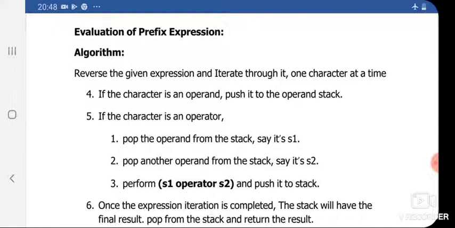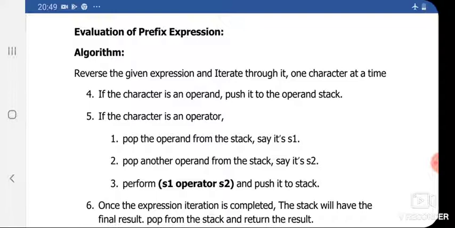That is, we first accept the given prefix expression, then we reverse it, and after reversing we scan that expression character by character.